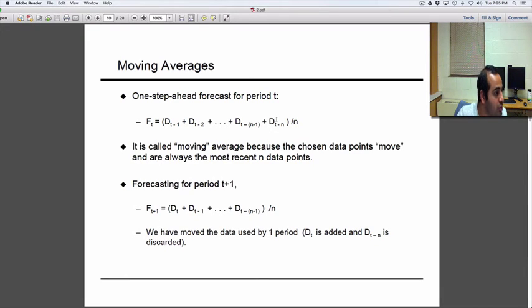What you do is you drop the last data point, and you add another data point which you just observed in the last period, dt. So this is why we essentially moved the data. We are using one period, so we moved it by one period. We added dt and we took away dt minus n.